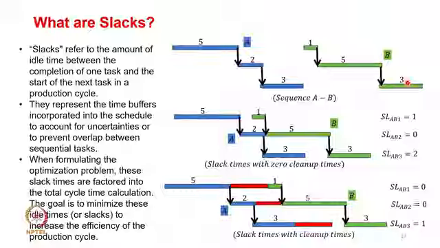So we have learned how to mix them together. Slack typically represents the time buffer that can be incorporated into the schedule to account for uncertainties and to prevent overlap between sequential tasks. So now how do we keep them together?